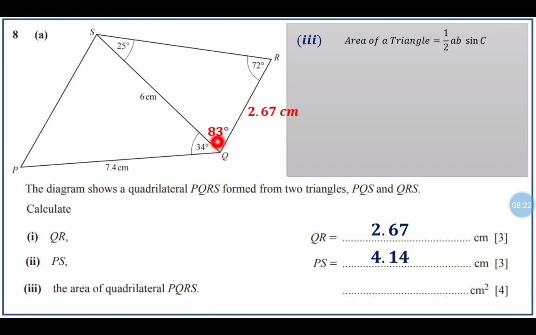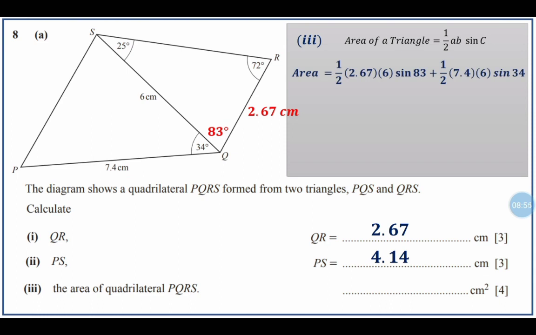How did I come up with 83? 180 minus 72 minus 25, because the angles of a triangle always sum up to 180. So it's 83 degrees. So for 83 degrees here, I have the adjacent sides 2.67 and 6 centimeter. So I will be using that. And then for this one, I have this 34. Adjacent sides are 6 centimeter and 7.4. So I will just plug it in.